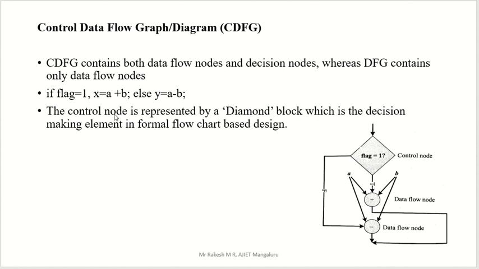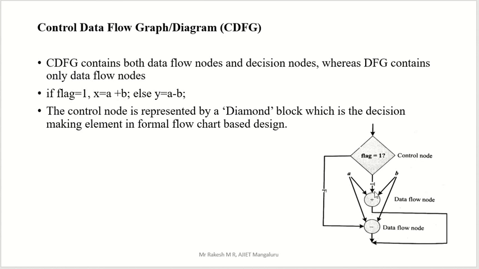So the control node is represented by a diamond, which is the decision making element in formal flow chart based design. We are using one diamond block here with this data flow node, that is called the control node. This is called the control node and this is called the data flow node.